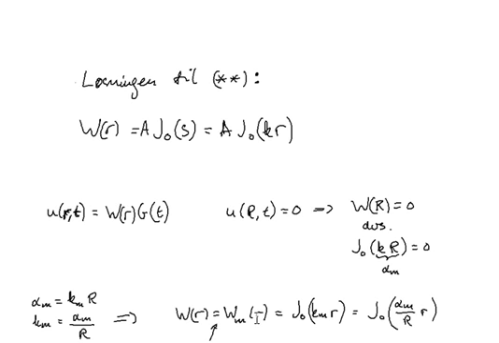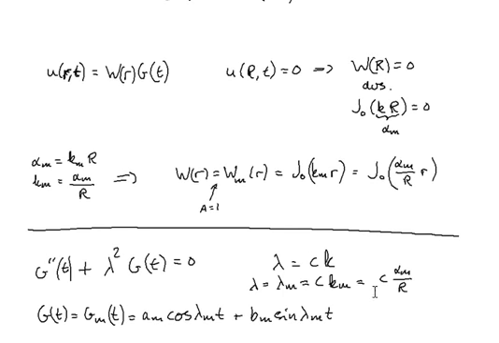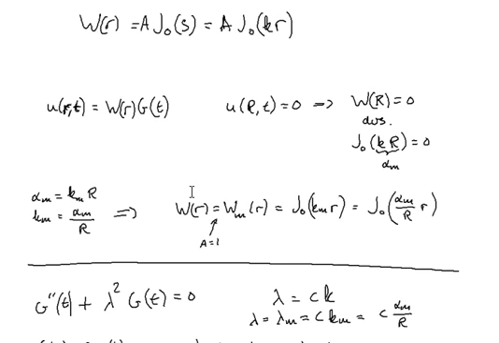It depends, of course, on the value m, or the mth zero, in the following way, which, as we have shown earlier, is equal to J0 of km r. And inserting the value of km, which you have here, we get this. So now we have the solution of this ordinary differential equation involving the W function.